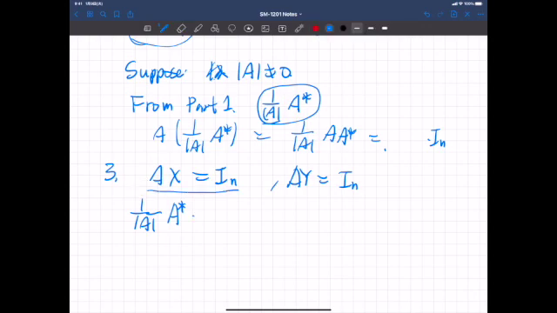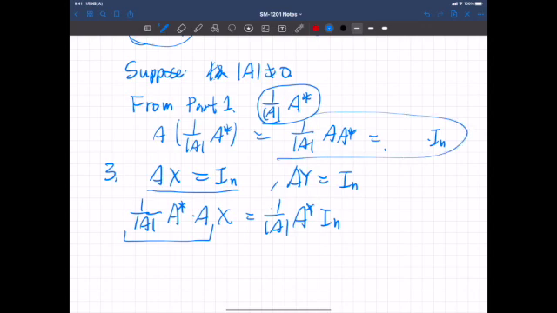In this case, A star times AX equals A star times identity, but this part becomes the identity matrix as we have seen before.